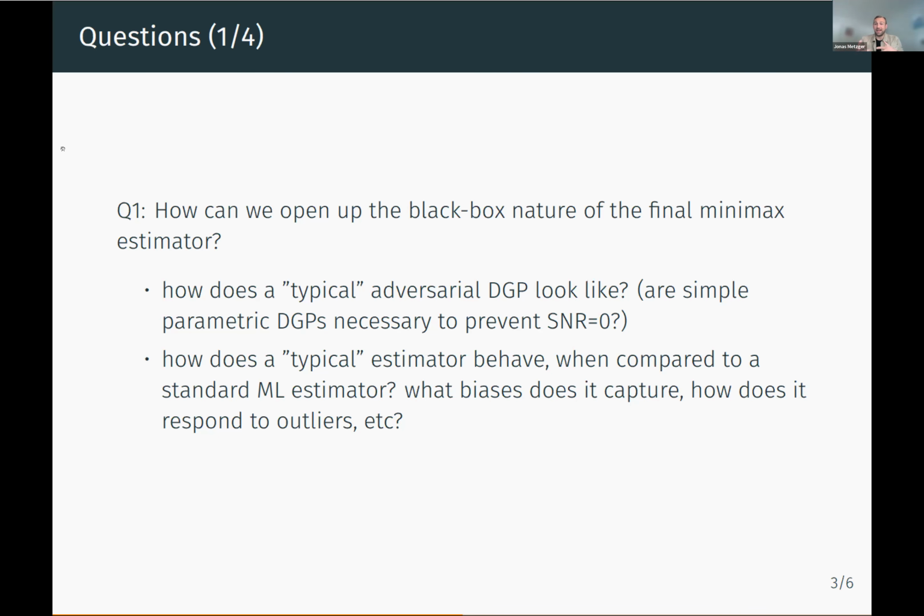How do they behave compared to a standard machine learning estimator for regression or for CATEs? What biases are in that estimator that we would expect and maybe like or dislike? And how does it respond to different things? For example, if your DGPs don't have a lot of outliers, what if the real data does? How would it respond?